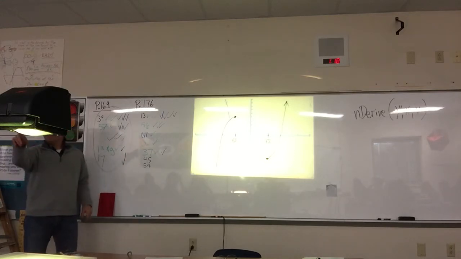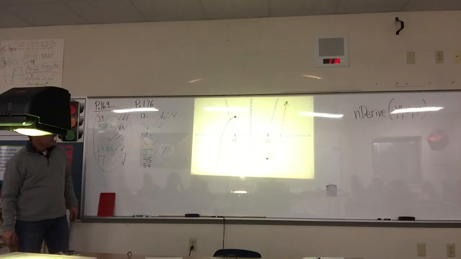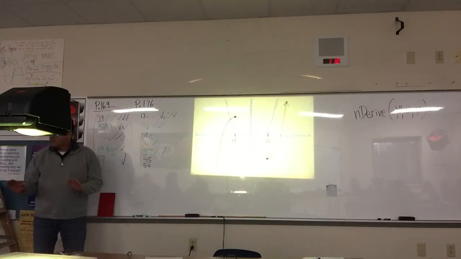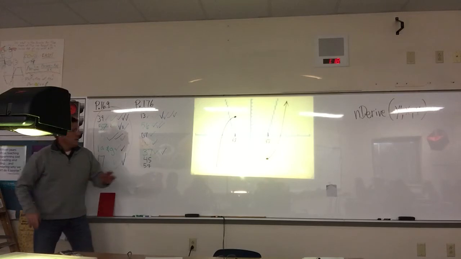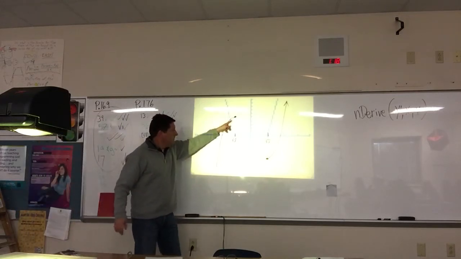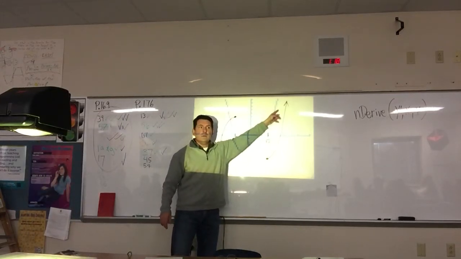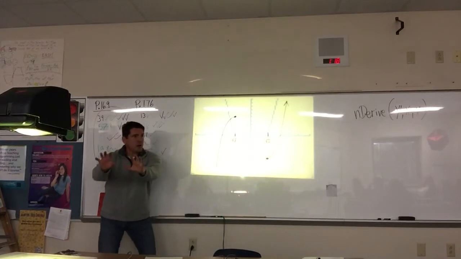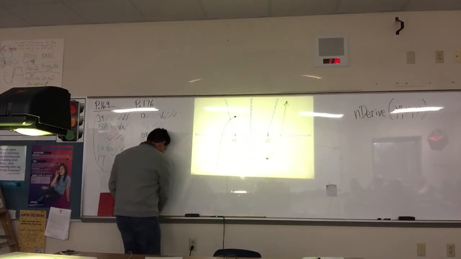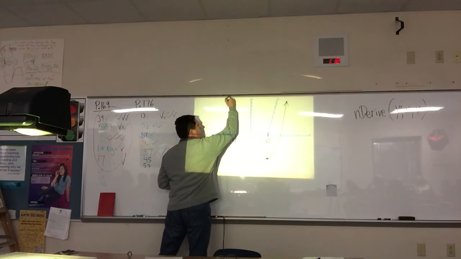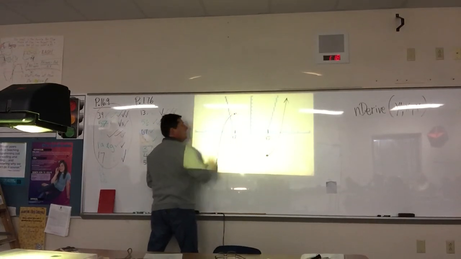This is the 3x squared minus 6. You see what's going on here? This is the graph of the derivative. It's exactly what we did in the chart, because look, this is where the derivative is all positive.